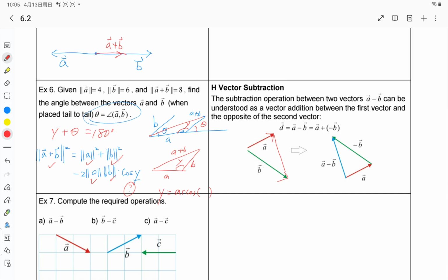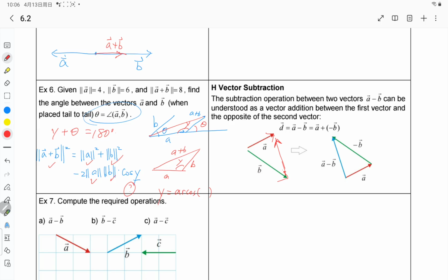Wait, I forgot. Okay, a minus b: the direction is toward the vector that's not being subtracted, I think. Like this.